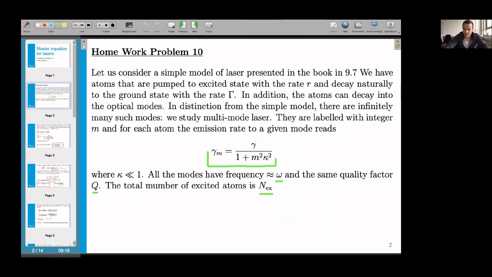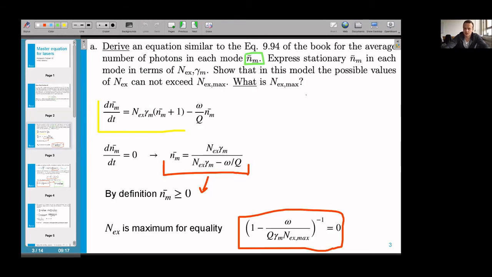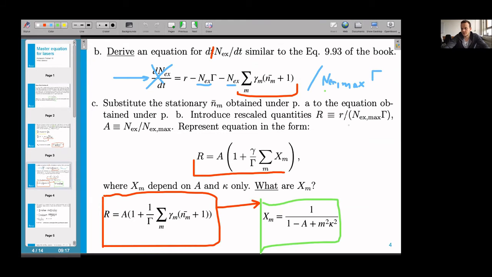Atoms are pumped into the excited state with a rate R, right? This is what R is. And we have the ratio of the pumping rate to the atoms and also the decay rate. So it's just the simple ratio of those.